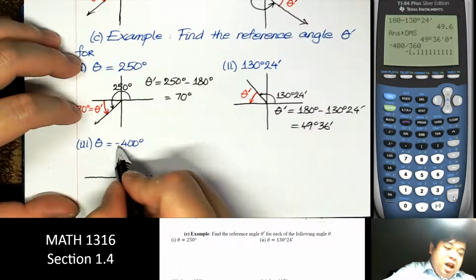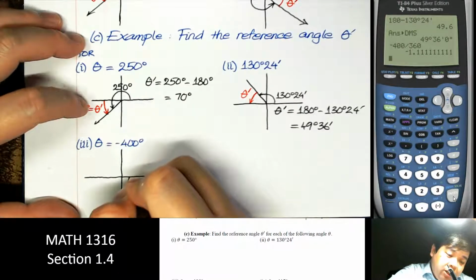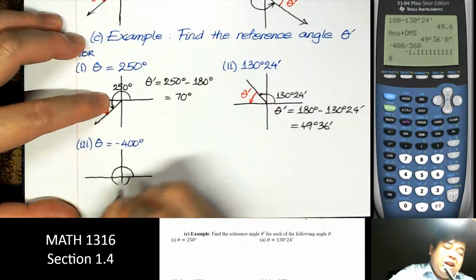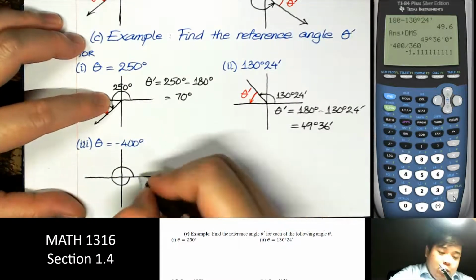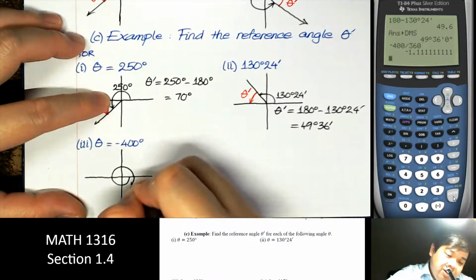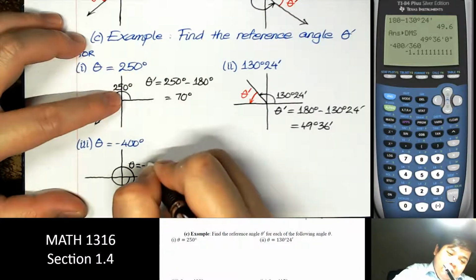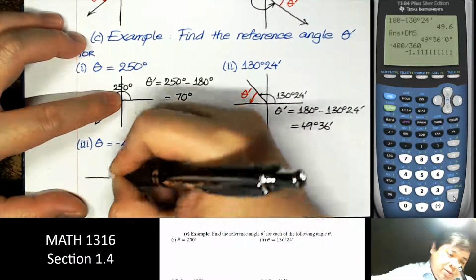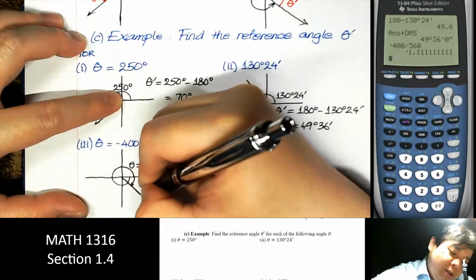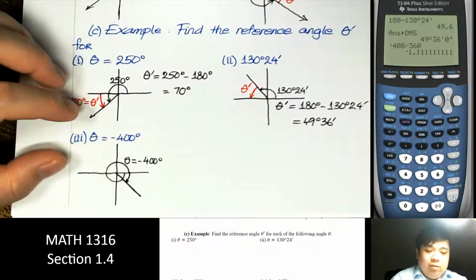First of all, it is negative, so it will go clockwise 1 revolution, so that's negative 360 degrees, and it will be a little more. So this is theta, negative 400 degrees, the whole thing.